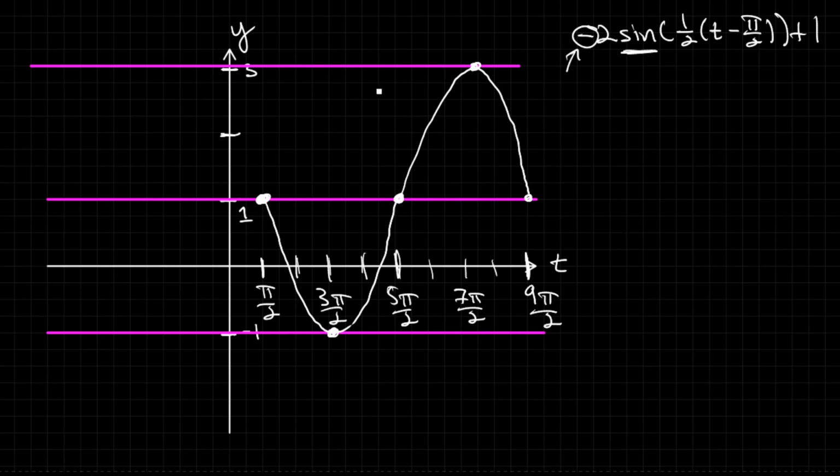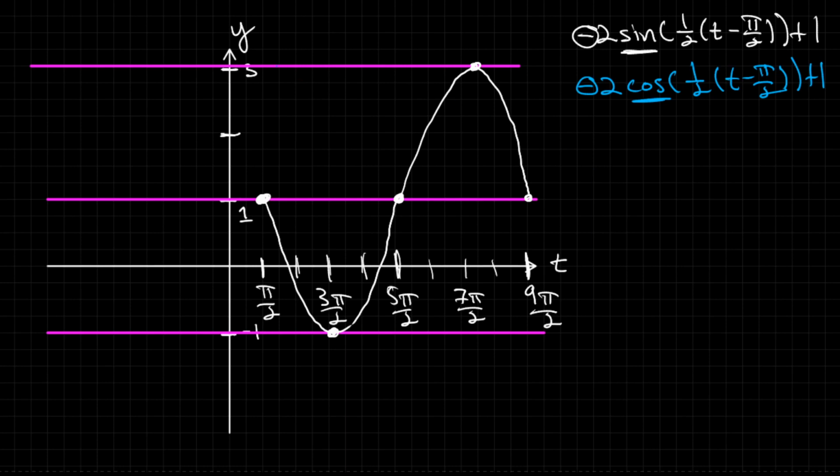Of course, we can also sketch our cosine graph. We don't need to repeat those same steps all over again. For -2 cosine 1/2 t minus pi over 2 plus 1. Now, two important things that you have to notice. This is the cosine graph, and there is in fact a vertical reflection.